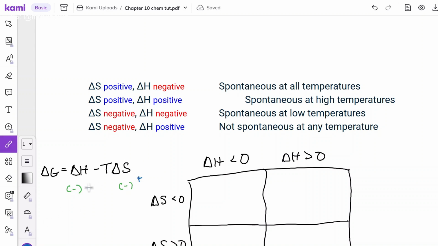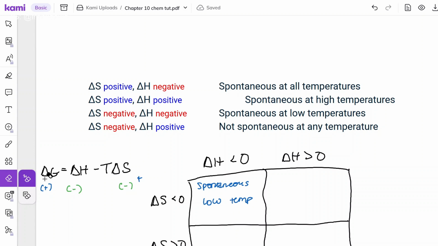So it's going to be a negative minus a potential positive. That means when the temperature goes up, the likelihood of delta G being positive also goes up, which is why this is going to be spontaneous at low temperatures. It can be spontaneous, but only at low temperatures.